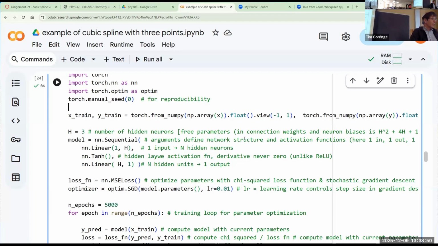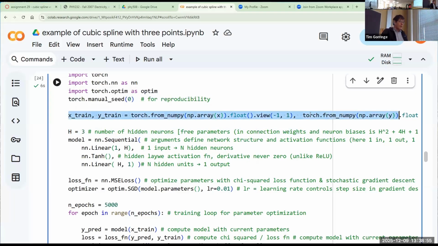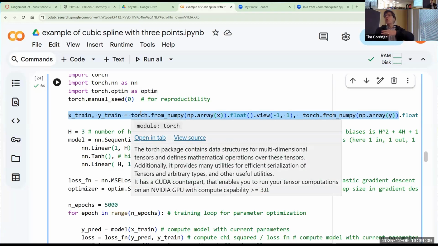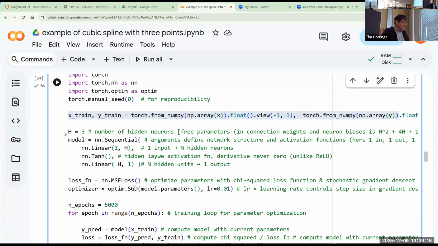So I wouldn't worry too much about this first line, but it's taking the array X and the array Y, my data, and putting it into X train and Y train, which are Torch tensors that it will use in this process. That's just manipulating the data, putting the data in a different form.